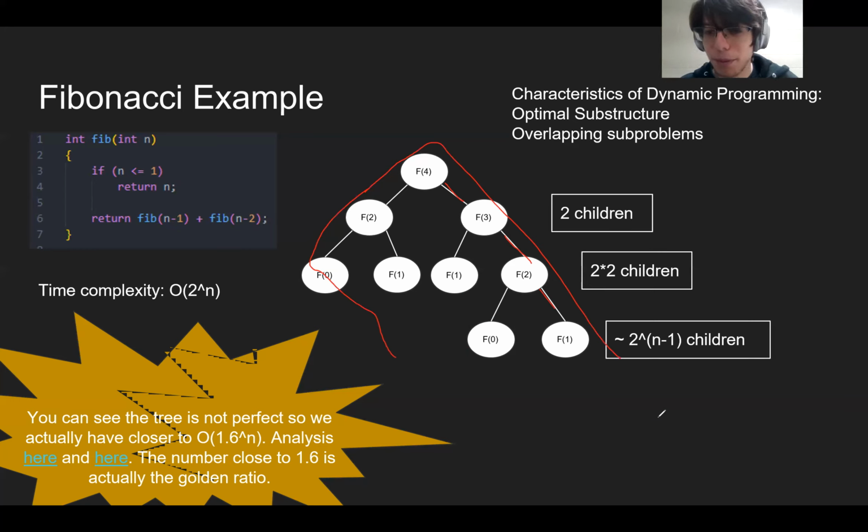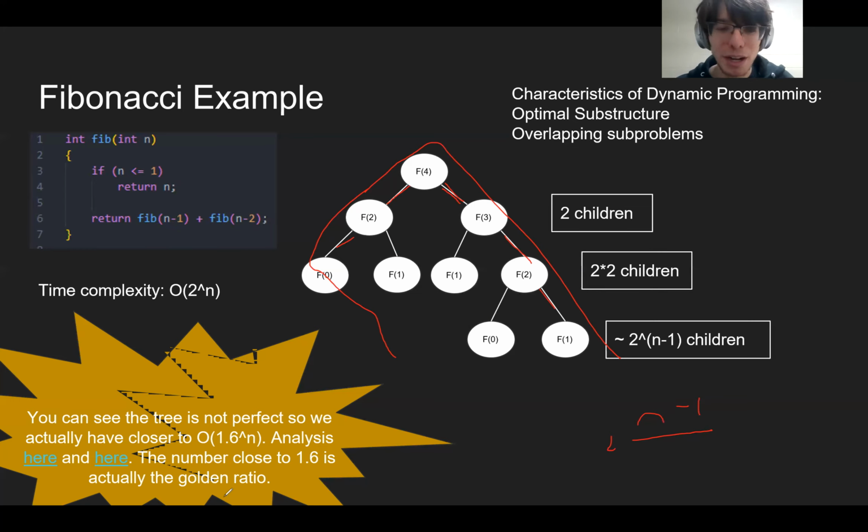So that's a problem because the height of the tree is 2 to the n minus 1. Or rather, the height of the tree is n minus 1, is what I meant. But then the number of nodes in the tree is bounded by 2 to the n minus 1, and we're going to have something kind of close to it. It's not exactly that because, as you may notice, on the left tree we go down by 2 each time. So it's not quite as bad as 2 to the n minus 1, but it's pretty close.